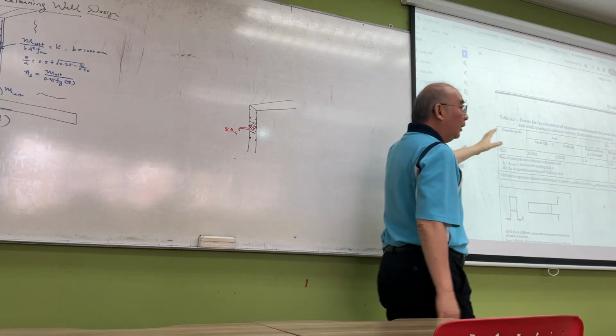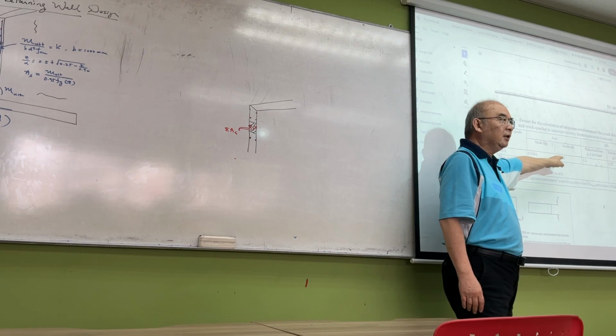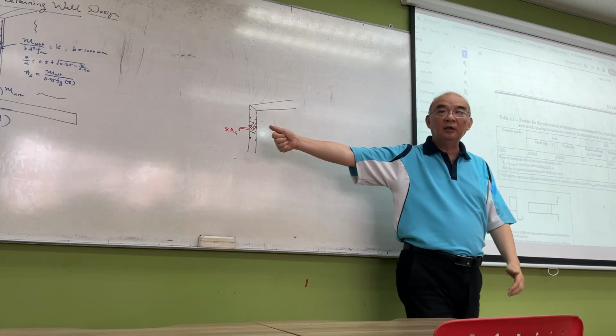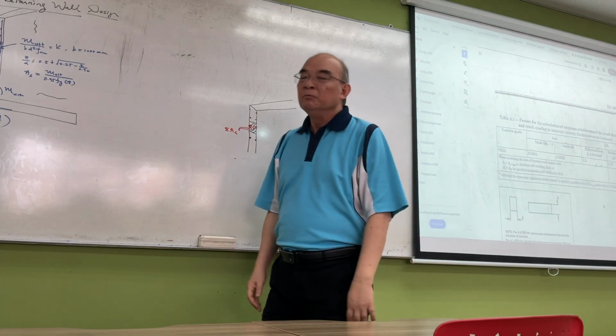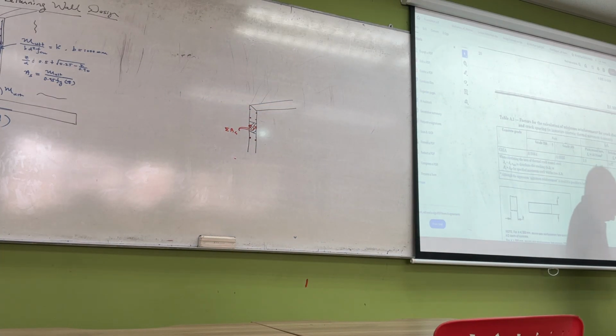So in the water tank, just for comparison, you will have to have at least 0.35%, which is higher than the normal one. Let's say how would I design for the horizontal steel?